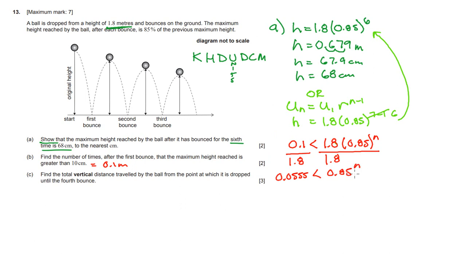To get rid of the n from the exponent, that's where we have to use log. So we do log 0.0555 is less than n log 0.85. To get n by itself, we divide both sides by log 0.85.